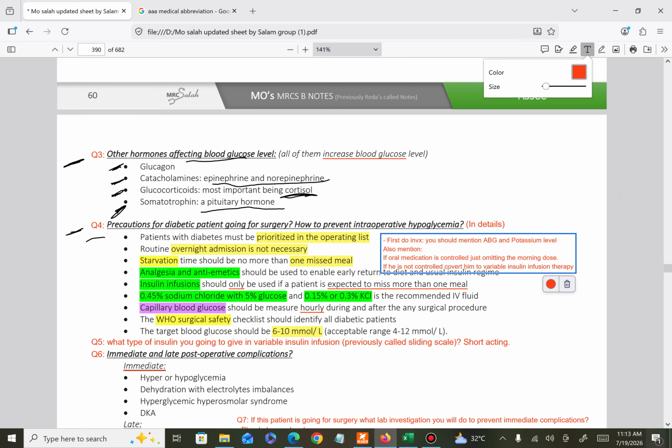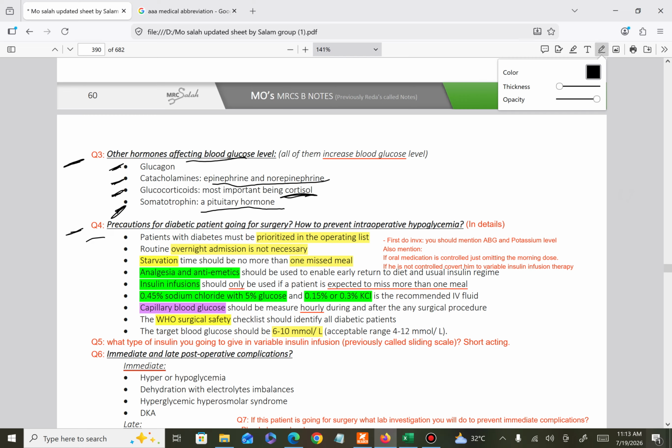First we will do investigations like ABGs and potassium level, and then if the patient is on oral medication and the glucose is controlled, just omit the morning dose. But if the blood glucose is not controlled by oral meds, then convert him to variable insulin infusion therapy. So that's the first precaution.